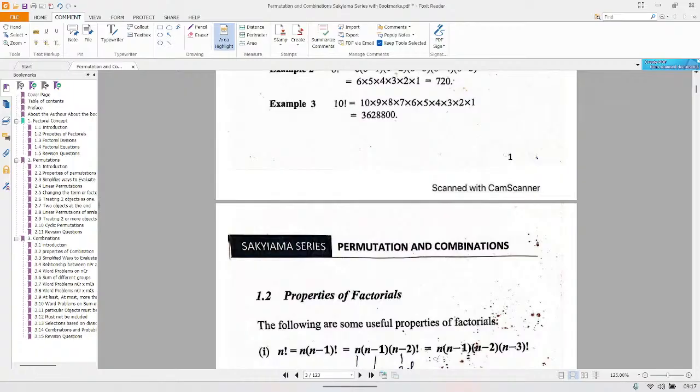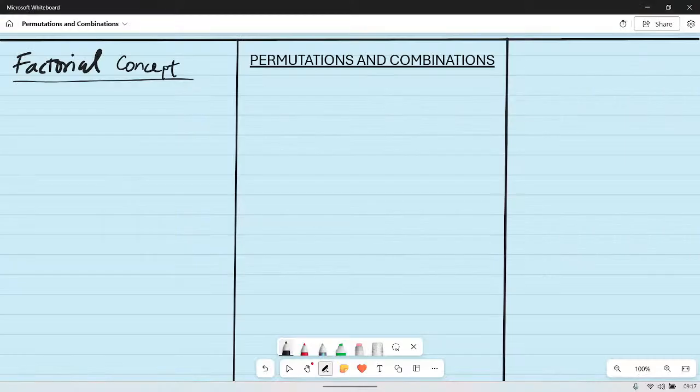Very good. So if I give you 3 factorial, it means 3 times 2 times 1. If I give you 7 factorial, it means 7 times 6 times 5 times 4 times 3 times 2 times 1. You just multiply down until you reach 1.